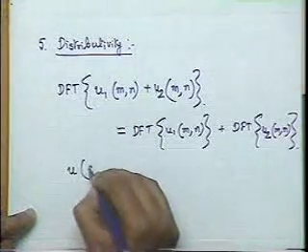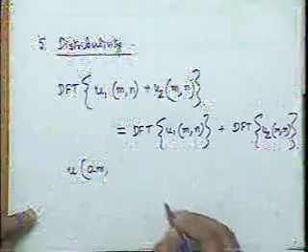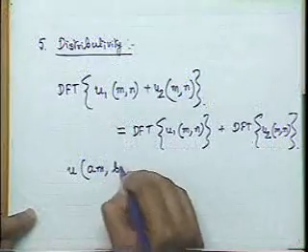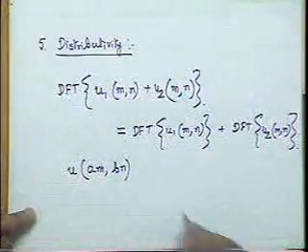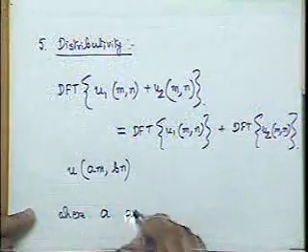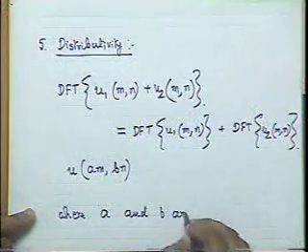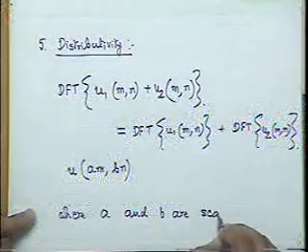So that is to say, instead of taking the image as u of (m,n), I am considering the image u of (am, bn), where a and b are some scaling constants.